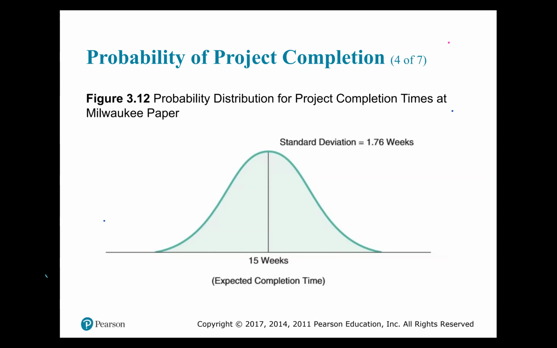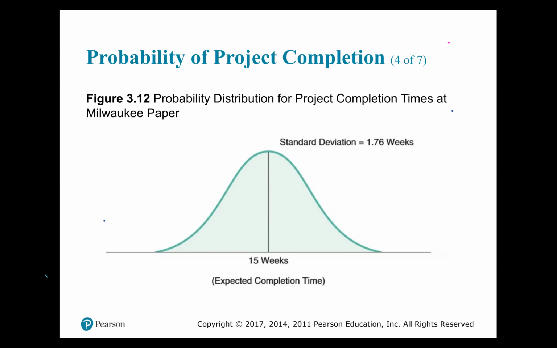We had calculated that the completion time of the project was 15 weeks. But because we have now given the activities varying times, we can't say, yes, it is 15 weeks.